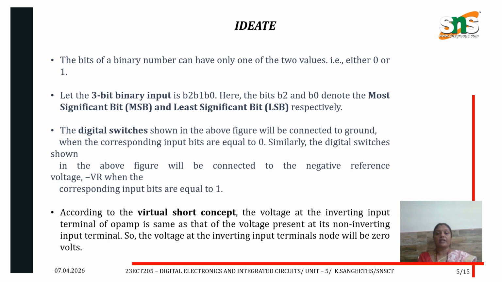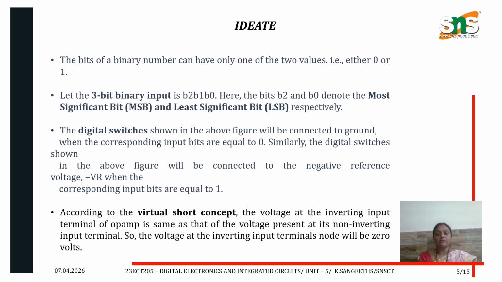The main working of the circuit is, suppose the binary value is 1 0 0. Then 1 is the MSB bit, 0 is the LSB bit, and the center value is also 0. So the first leg, the LSB bit, is connected to ground, the next bit B1 is also connected to ground, and the MSB bit B2 is connected to the reference voltage.